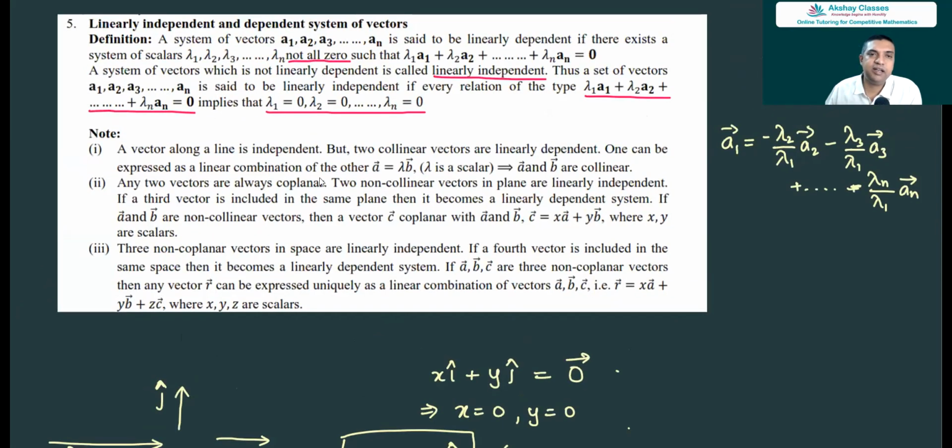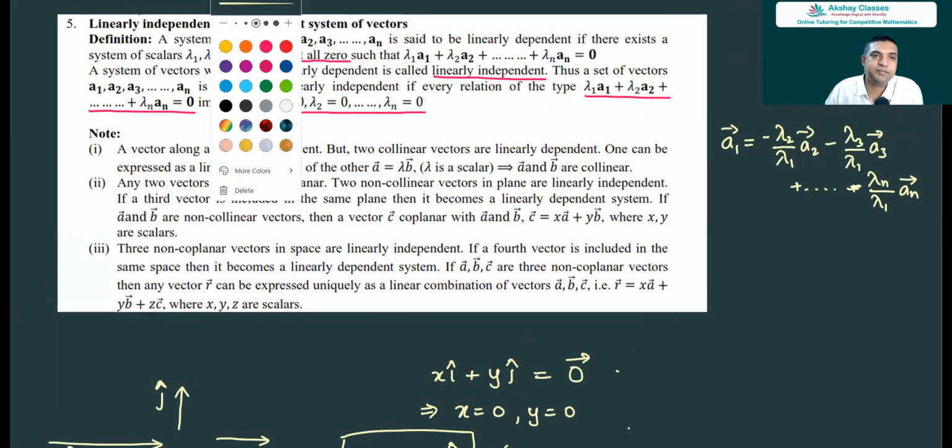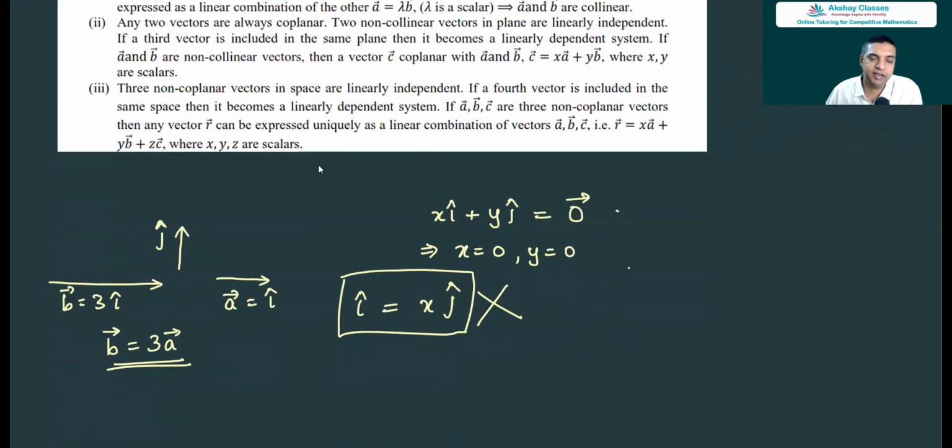Now, if I include one more vector in the xy plane, maybe at a 45-degree angle, and let's say the length is 2 root 2, then I can write this vector. Let's say this is b bar, j. A bar is i. Now let's say this is c bar.